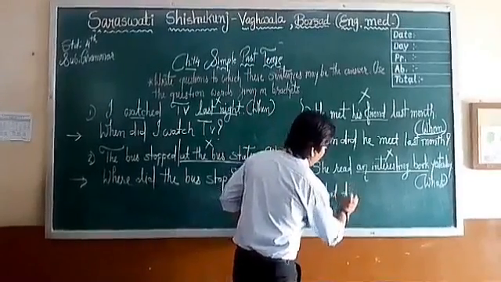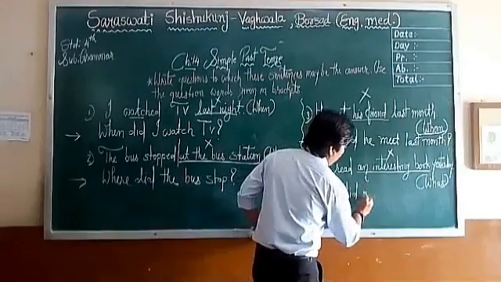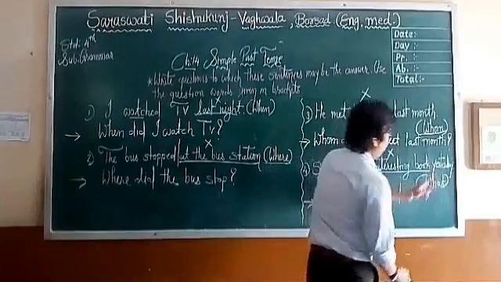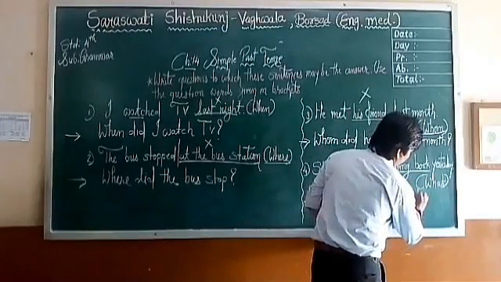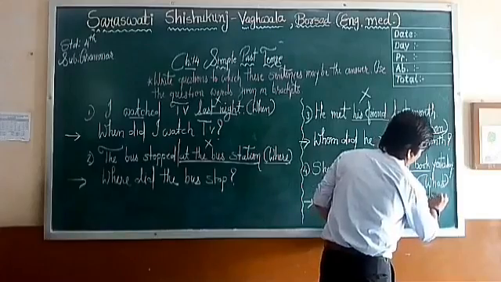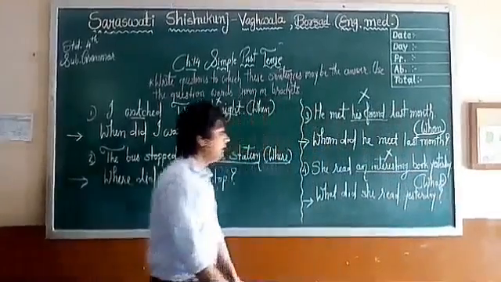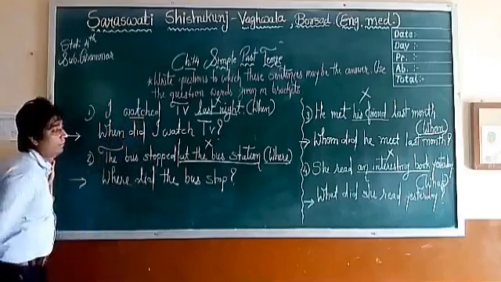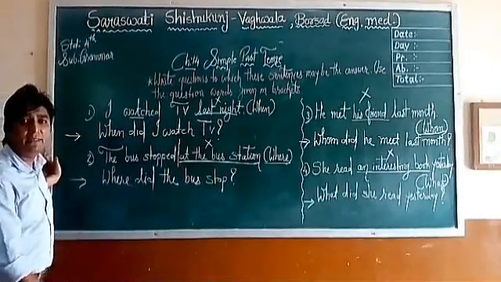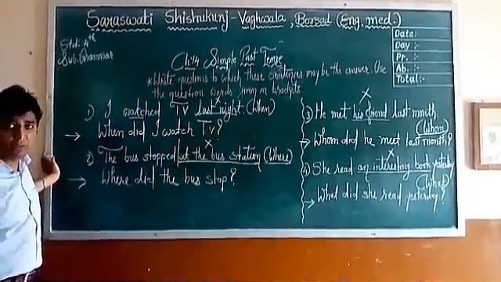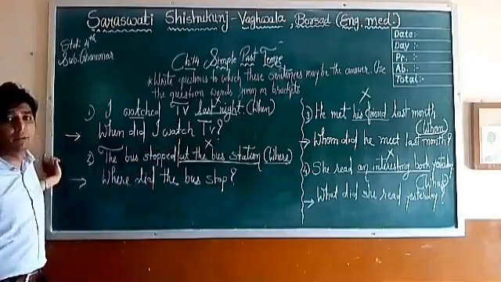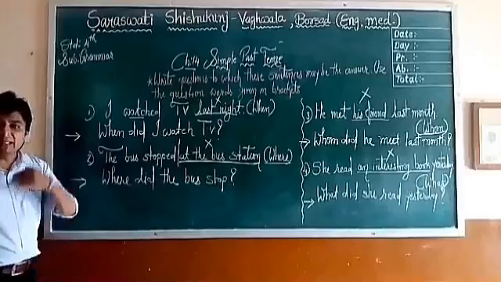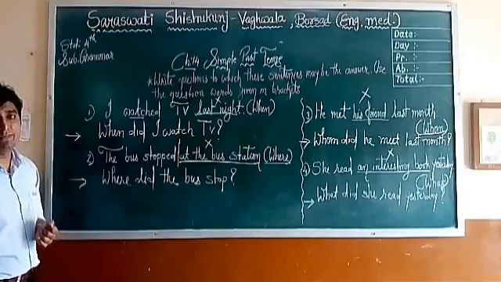What did, with a small w, what did she read yesterday? Question. What did she read yesterday? Right? So this is the way you can frame the question if the question words have been given. Now, the 4 questions that we have made, let's make another 4.